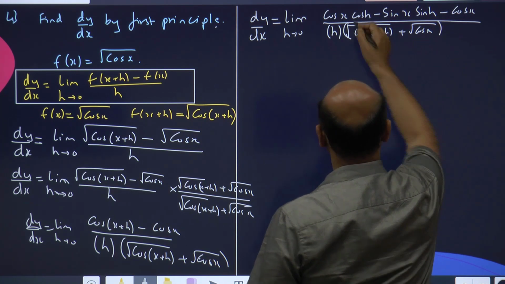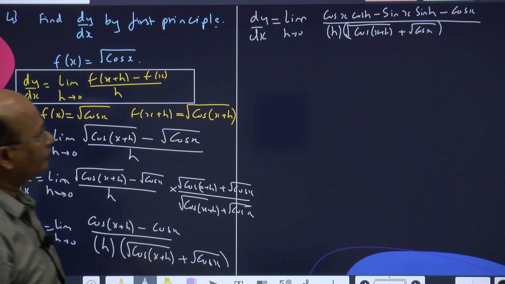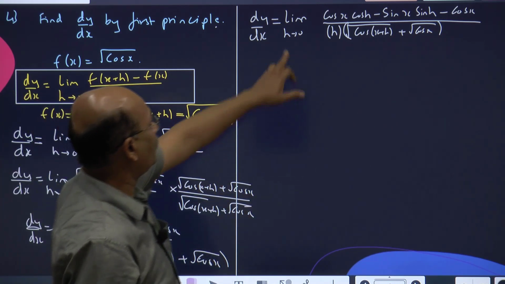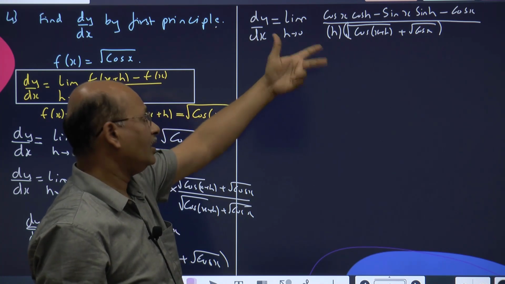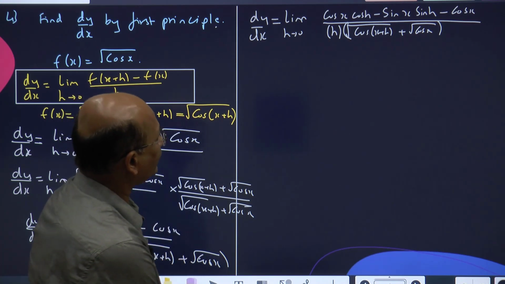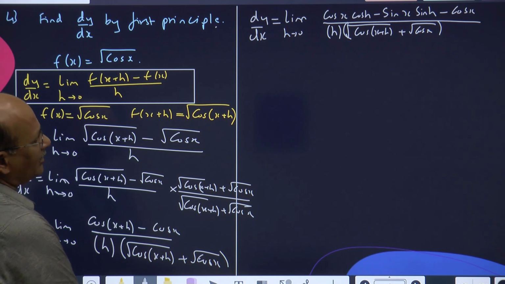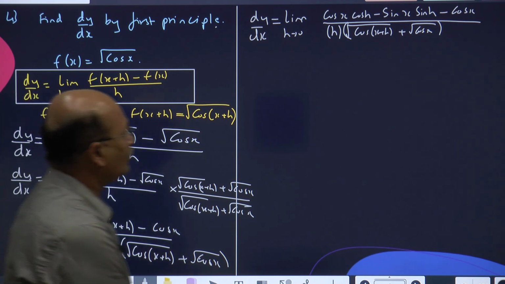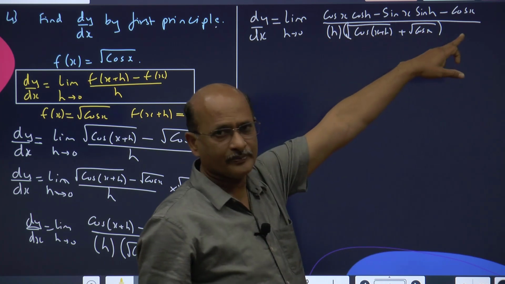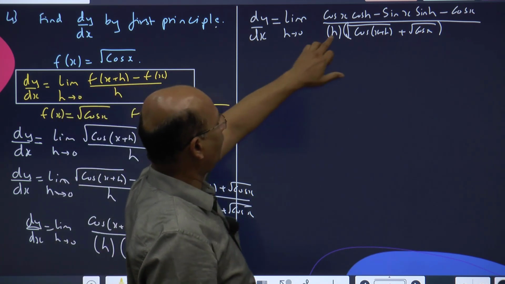Remember this h has to cancel. Remember h is approaching 0 here. I think it would be difficult for us to work this out with this method, because this h belongs to all terms.